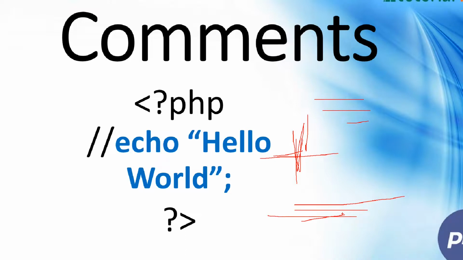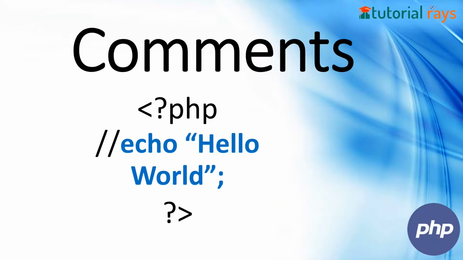So it will be easier for you as well. Suppose you are working in a company and you worked on a certain program, and after you have left that company, the new programmer can understand by reading your comment that this code has been used for this purpose. So this is a good practice for any good developer.